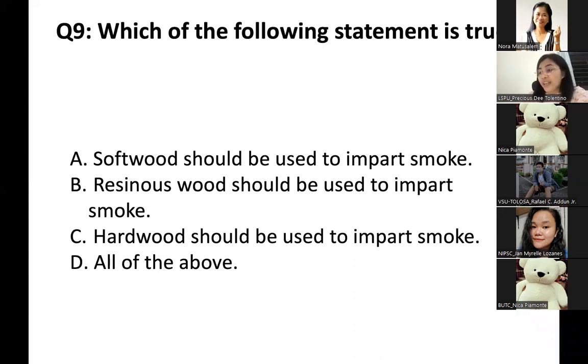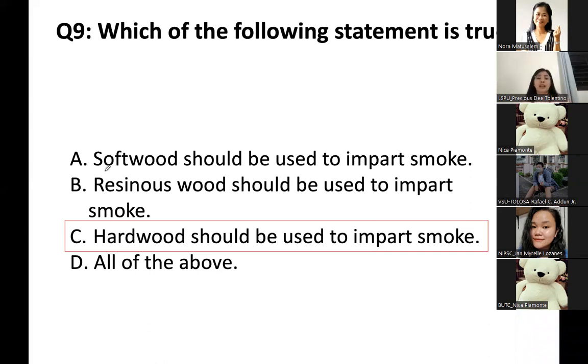Okay, so the correct answer is... may sumagot ng A, C. Okay, torn kayo between A and C. Now, the correct answer is hardwood. Now, ito class, si softwood at si resinous wood, almost similar sila, kasi si softwood nagpo-produce sila ng resin. Yung parang sinasabi nilang dagta, yung pag sinugatan mo yung kahoy, meron siyang nilalabas na dagta.